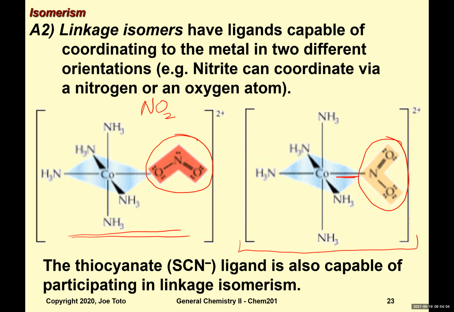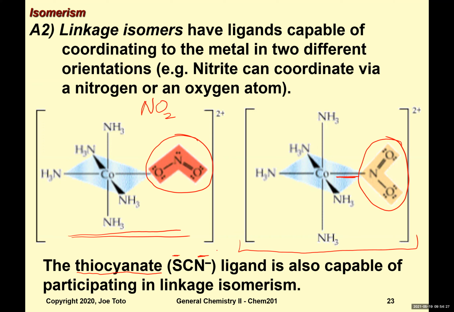Other ligands which have this ability are, for example, thiocyanate, where the sulfur has a lone pair of electrons that can donate, and the nitrogen also has a lone pair. So that can give rise to linkage isomerism.